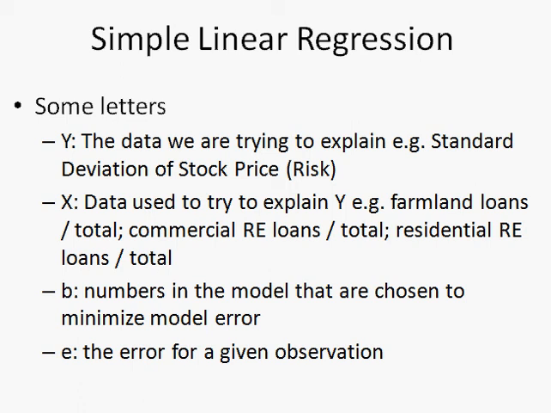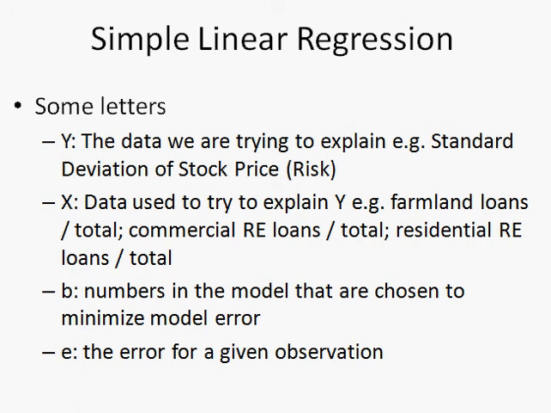So B, or beta for doing Greek letters, that's a number chosen to minimize the error, and it's the number that defines the relation. So if for every 1% farm loans increase out of the total, so for every 1% that goes up, maybe standard deviation of stock price goes up by 0.05.